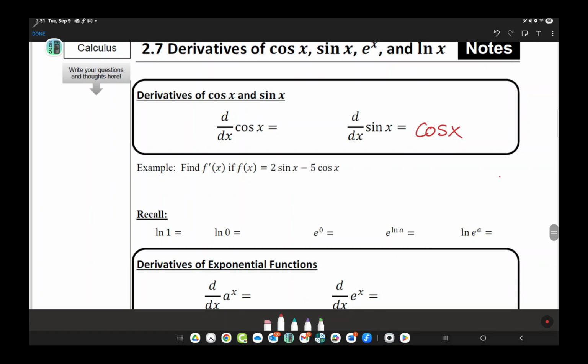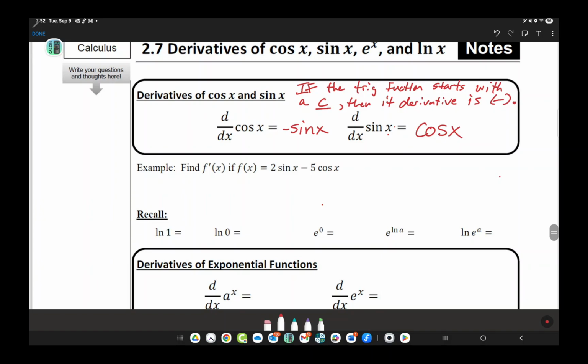Derivative of cosine is negative sine. Now, here's a little hint that's going to come up later on. If the trig function starts with a c, then its derivative is negative, which means the derivative of cotangent and cosecant will also both be negative, but secant and tangent will not be.